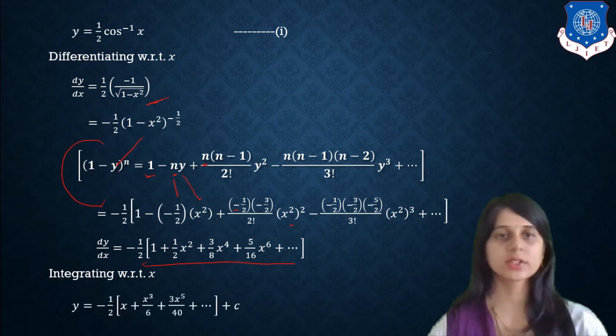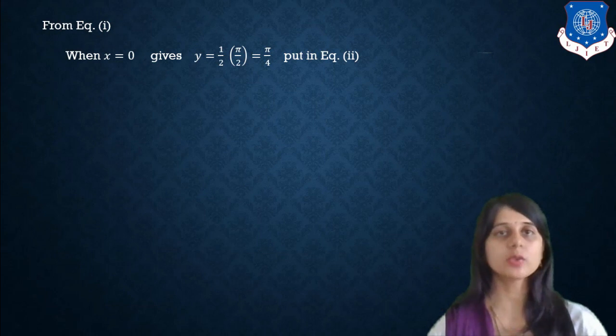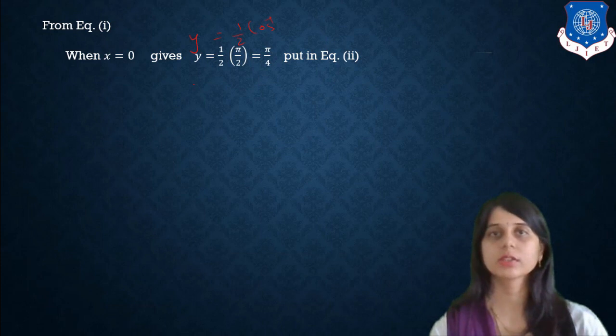Integrate with respect to x, we get minus 1 by 2, x cube by 6 plus 3 x raised to 5 upon 40 up to, plus c as an arbitrary constant of equation 2. From equation 1, when x equal to 0 gives y equal to 1 by 2 into pi by 2, equal to pi by 4. y equal to here 1 by 2 cos inverse x.